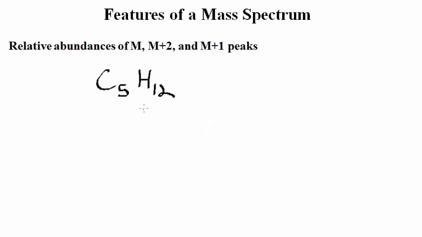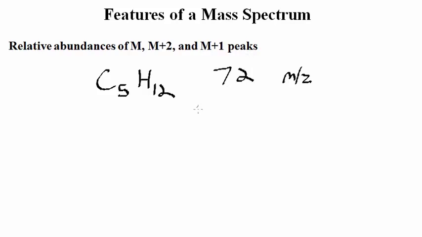Now, let's use pentane, C5H12, to illustrate the relationship between the M and M+1 peaks. Pentane has a nominal mass of 72, and its molecular ion appears at an m/z of 72. In any sample of pentane, there's a probability that there will be a molecule in which one of the atoms of carbon is C13, the heavier isotope of carbon.